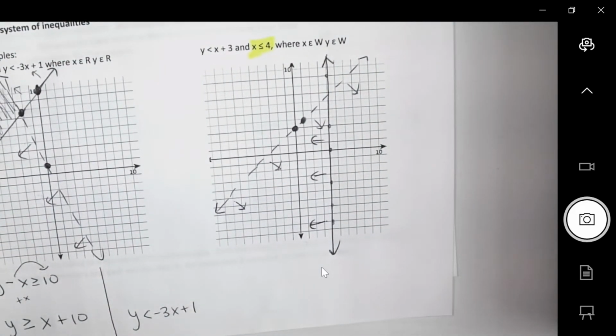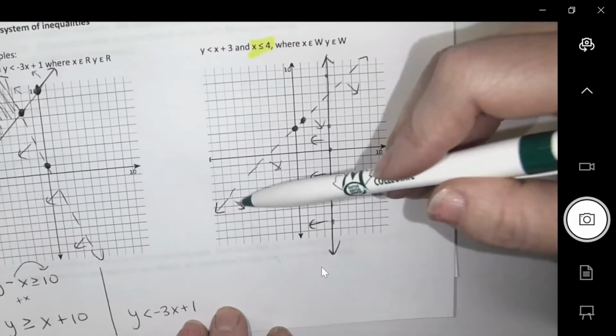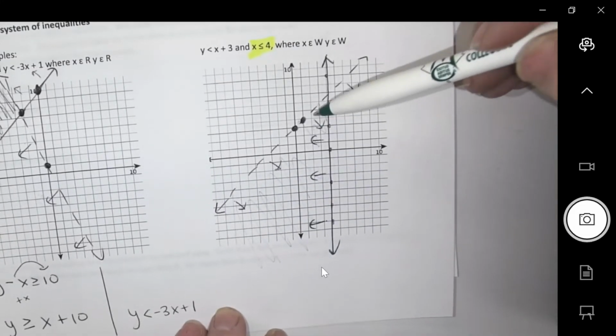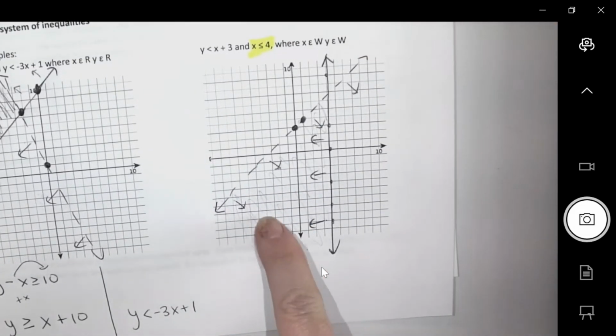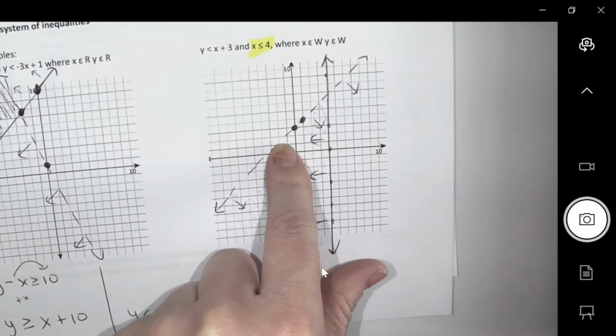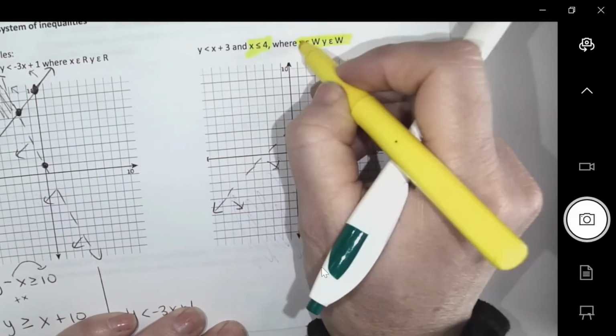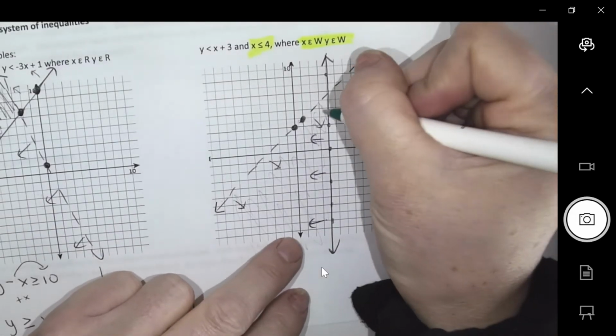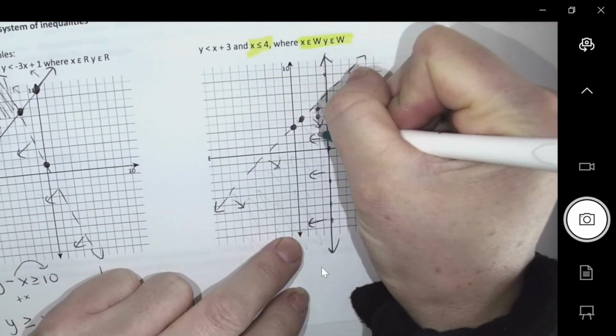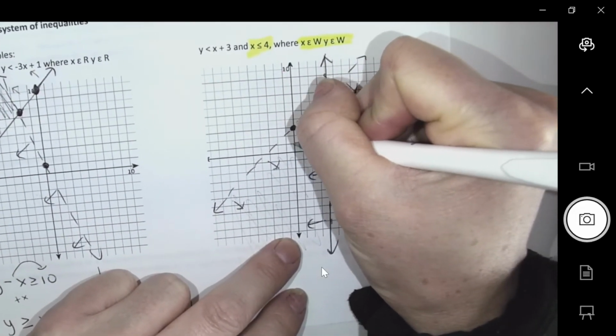Okay, now here's where it gets tricky. Okay, I'm not going to ask you to shade yet, but normally if you shaded, it would be in this zone right here. But because our question says this, x and y can only be whole numbers, then here's the only part that works in this zone.